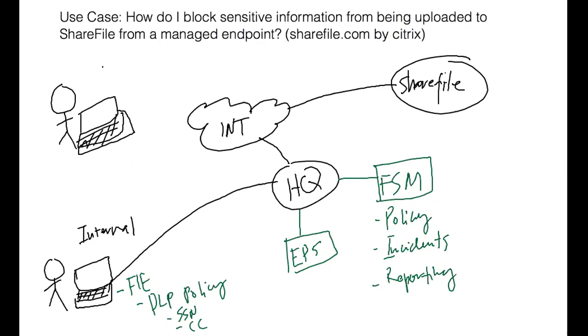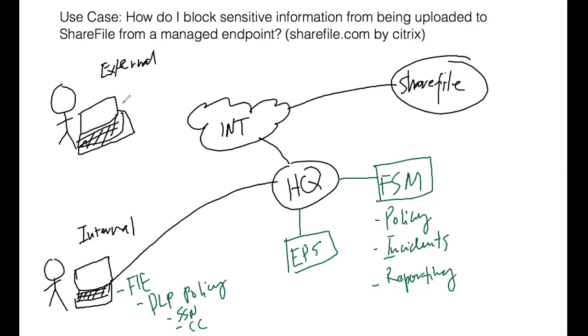Now let's look at the second scenario, external. With the virus, COVID-19, a lot of office people now work remotely. They're not in the office, so they're more than likely to freely upload data anywhere, in this example, to ShareFile.